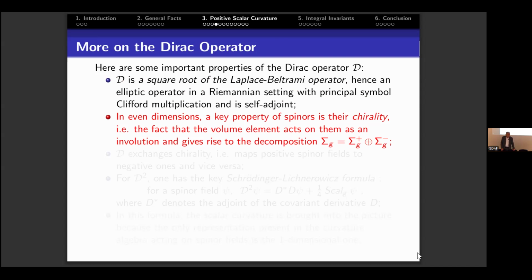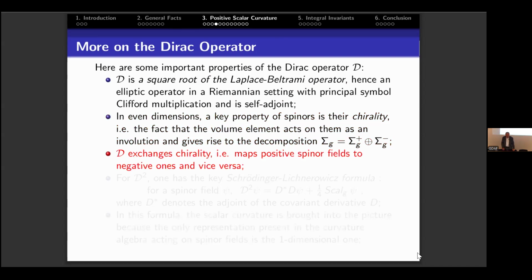So as for any involution acting on such a space, it means you can split the space into the +1 eigenvalue space and the -1 eigenvalue space. So spinors in even dimension give rise to half spinors, that is positive spinors and negative spinors.